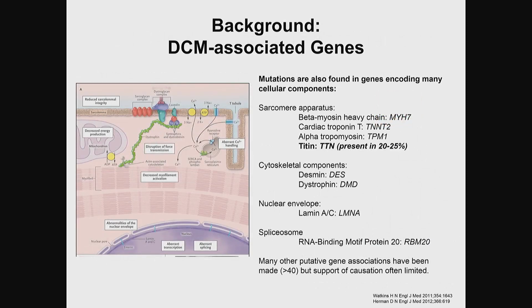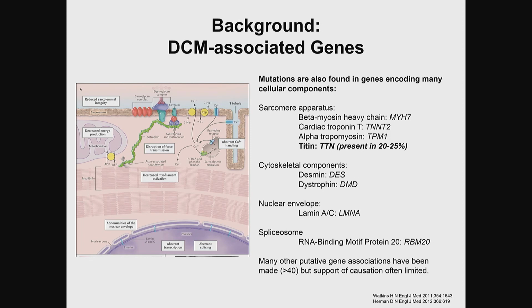This cartoon highlights the complexity of the underlying genetic etiology of dilated cardiomyopathy. Where hypertrophic cardiomyopathy was a disease principally of the sarcomere, dilated cardiomyopathy may have many more underlying mechanistic underpinnings. It includes mutations in sarcomere genes, but may also include cytoskeletal mutations, mutations in genes which encode the nuclear envelope, and genes which are important in RNA splicing.